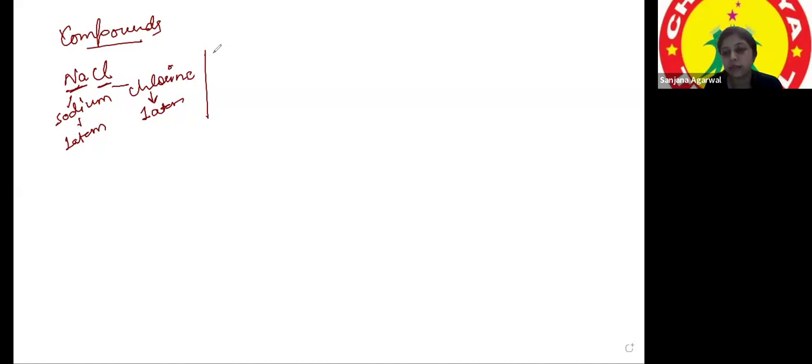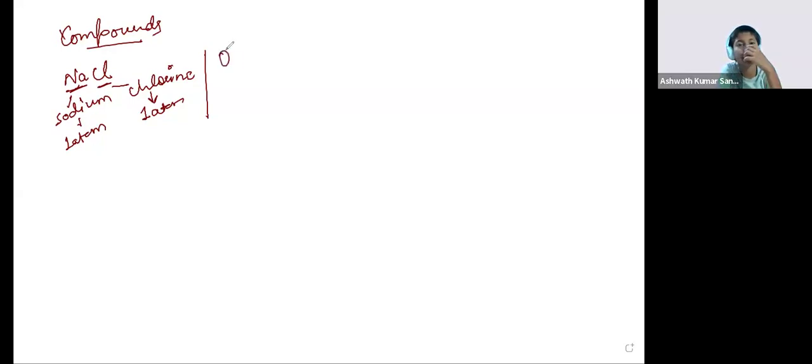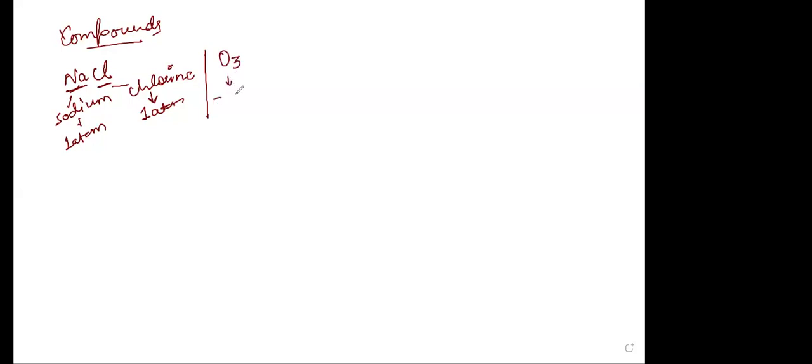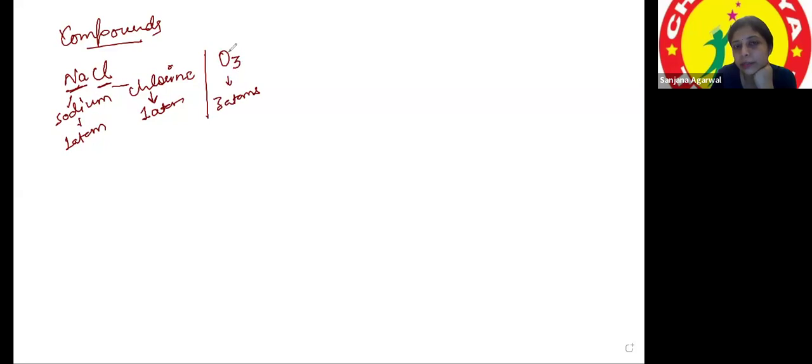So if anyone knows the formula of the ozone layer, it is O3. How many atoms of oxygen are present here? Three. So the ozone layer itself is not a compound, it is formed of three atoms of oxygen only.